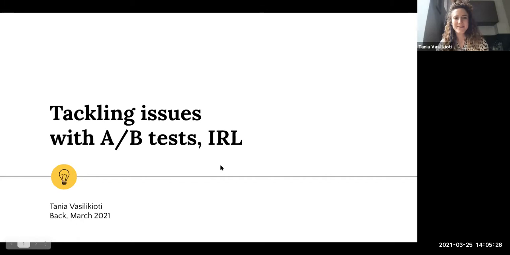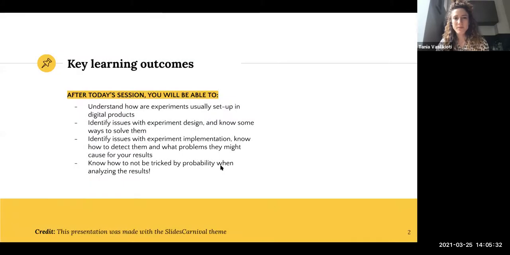So, right, we're going to talk about tackling issues with A/B tests in real life. I guess this session has some key learning outcomes. The idea is that we'll all understand how experiments are usually set up. Again, I'll go more quickly through this part. Then we'll be able to identify issues with experiment design and know some ways to solve them.